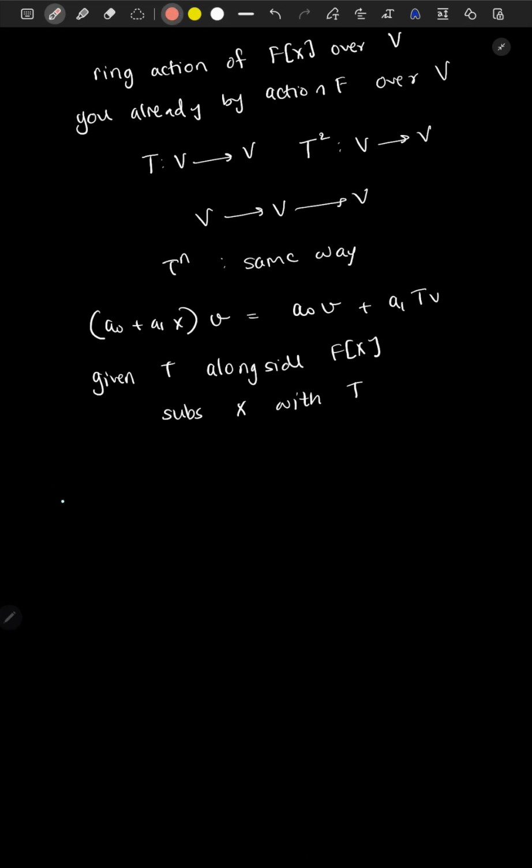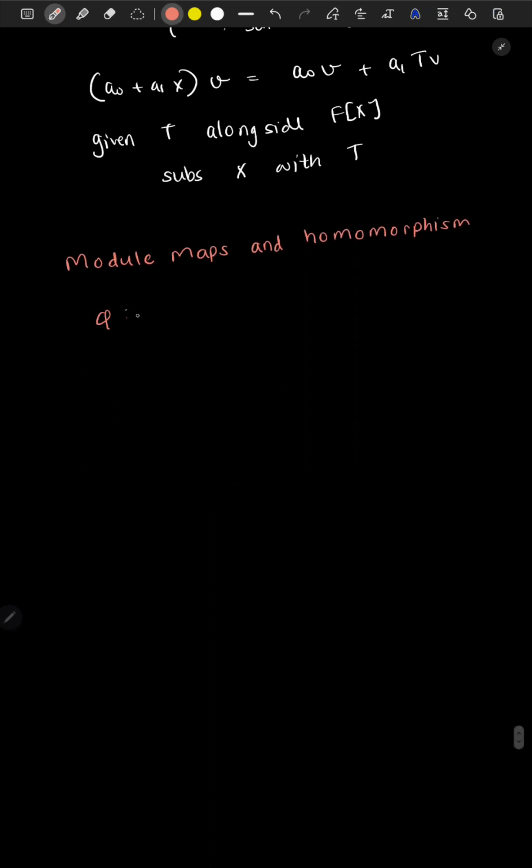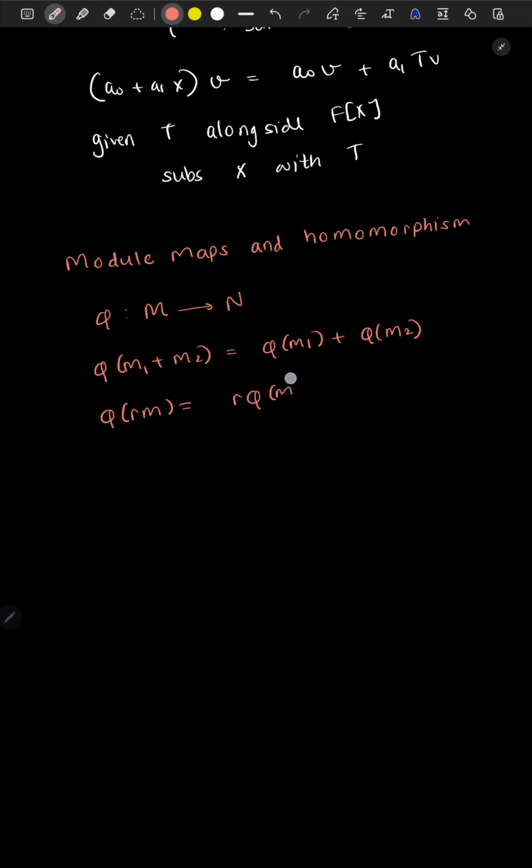Next we look at module homomorphisms, module maps and homomorphisms. Suppose there is a map phi between M and N. We say it is a homomorphism if phi of m1 plus m2 is equal to phi of m1 plus phi of m2, and similarly phi of r times m equals r times phi of m.